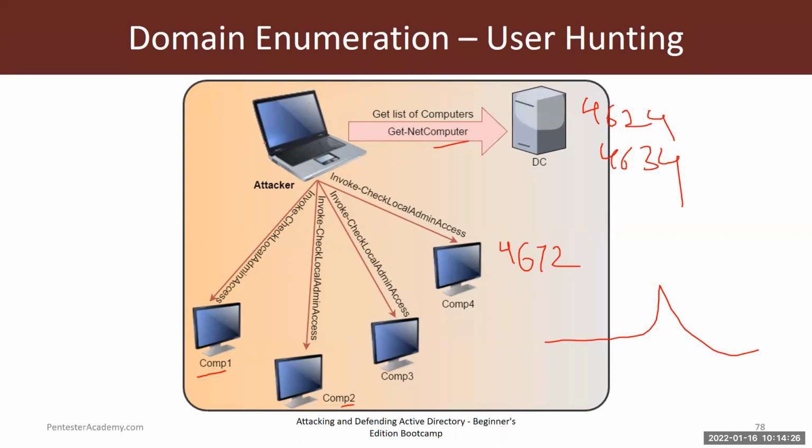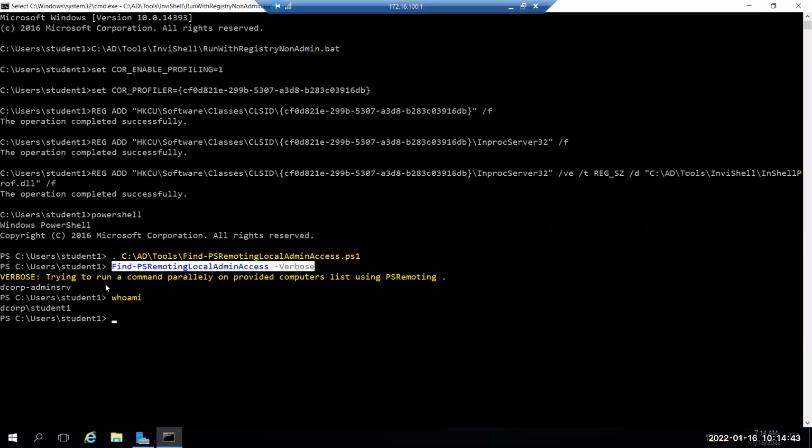What the find PS remoting local admin access script does is it went to the DC, requested a list of computers, and then it checked on each and every machine in the domain if the current user has local admin access anywhere. What we got as an output is dcorp admin SRV here. That means our current user, dcorp student 1, has local admin access on dcorp admin SRV.